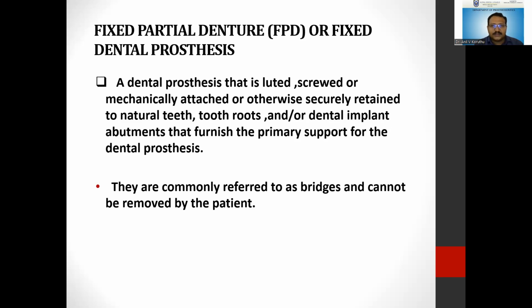Fixed partial dentures, or FPDs, are dental prostheses that are luted, screwed, mechanically attached or otherwise secured to natural teeth, tooth roots, or dental implants, which are abutments that furnish the primary support for the prosthesis. They are commonly referred to as bridges and cannot be removed from the mouth by the patient himself.